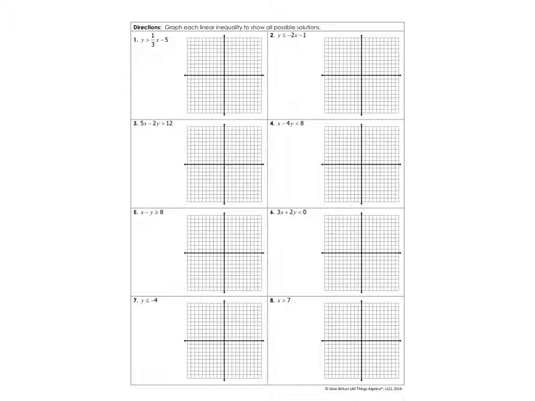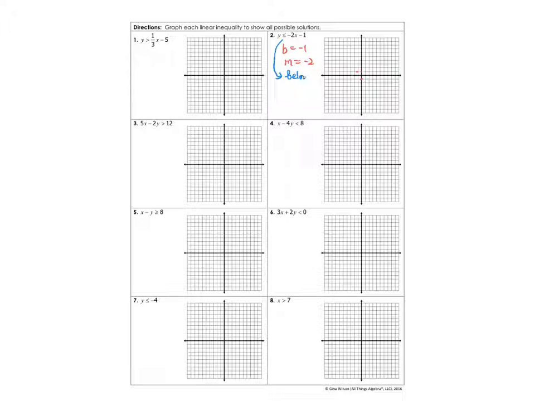Okay, I'm going to demonstrate number 2. The equation is already in slope-intercept form with b equals -1, so the y-intercept is -1. Slope is -2, therefore it's rise over run of -2 over 1. Now, be careful here. I have a less than or equal to inequality.